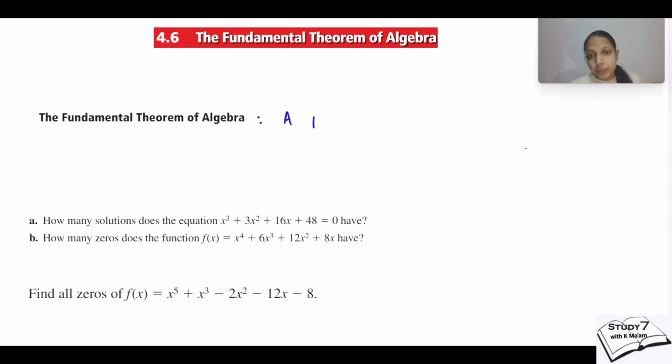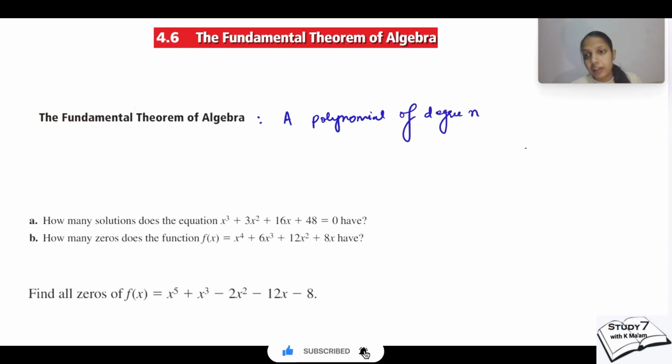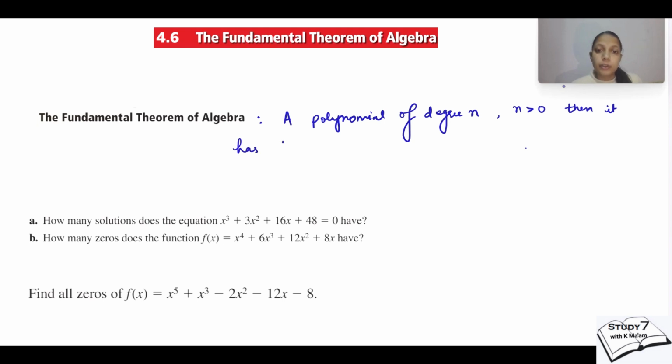A polynomial of degree n, where n is greater than 0, then it has a total of n solutions, including repeated.